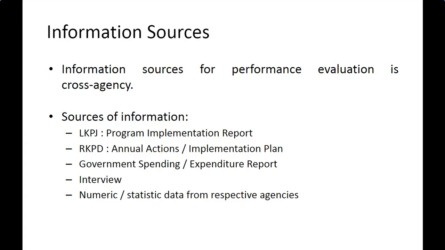We need a lot of information that comes from different agencies. It could be from, let's say, the agency for spatial planning, or maybe the agency for development plan. Sometimes we get it from the agency of public works. So there will be so many types of information, also sources of information that we need to collect, and it depends on the local authorities.